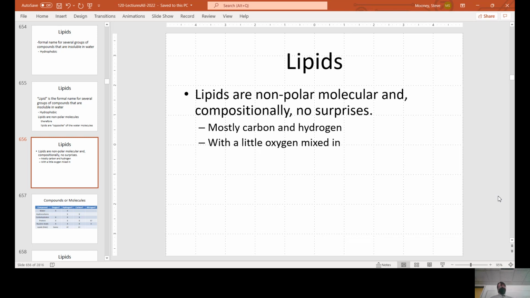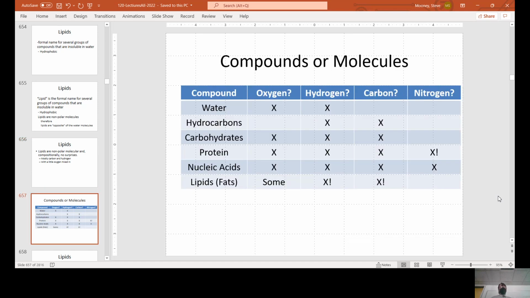So if we look at our chart, the main thing we're looking for, hydrogen and carbon with our lipids, and we're going to have some oxygen here and there.